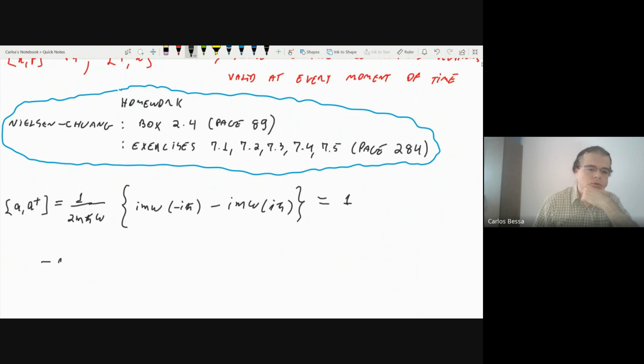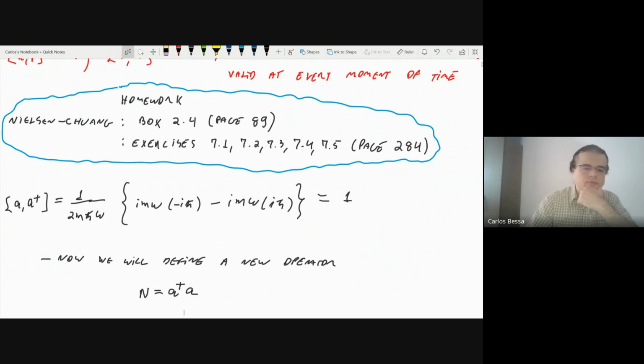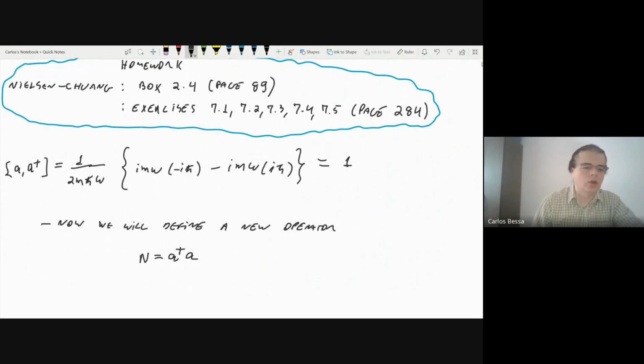We will now define a new operator. I'll call it N. It's defined as A dagger A. Note that N is Hermitian.